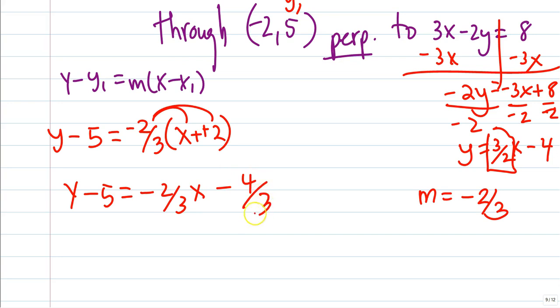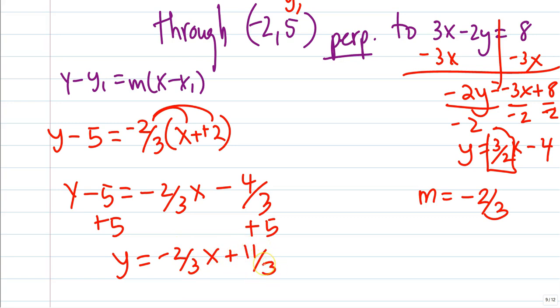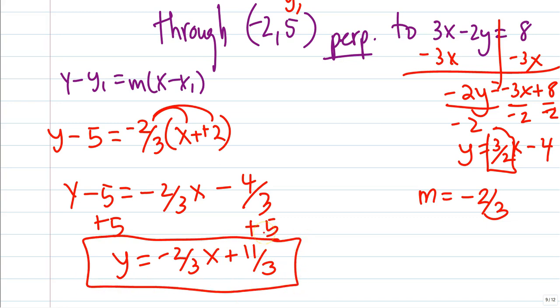Minus 4/3. If I add the 5 with a common denominator, y would equal negative 2/3 x plus 11/3. Double check that.